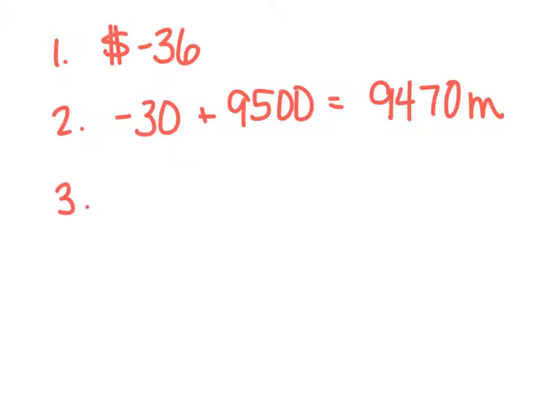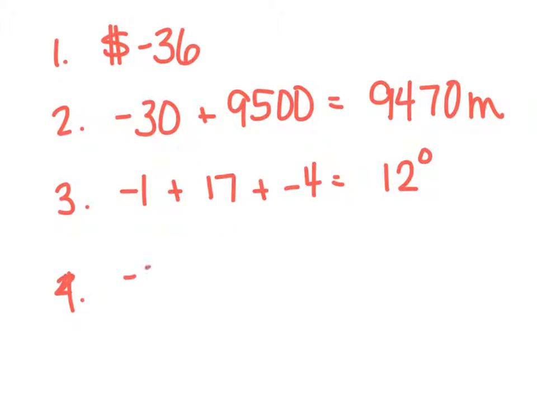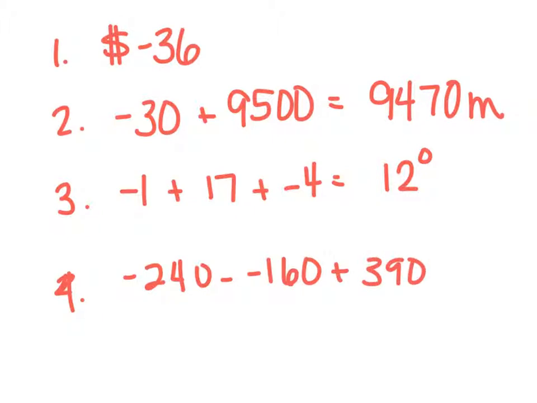Number 3 was the temperature problem, -1 plus 17 plus -4. Gives us a result of 12 degrees. And number 4, or the last word problem, is -240 plus -160 plus 390. That will result in -10 meters.